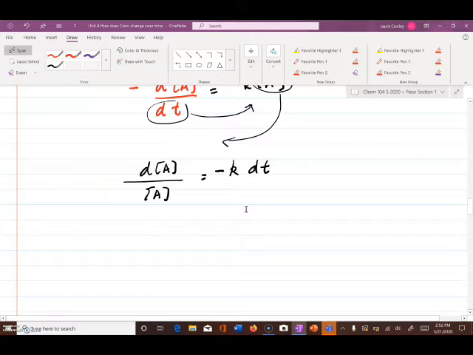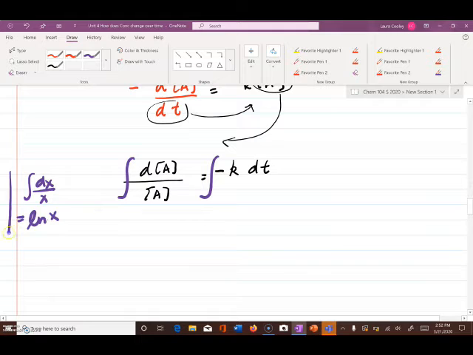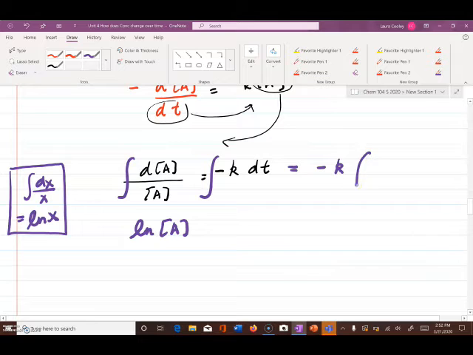So now what we're going to do, if you know calculus, is integrate both sides of this equation. And the integral of dx over x is equal to the natural log of x. That's something you learn in calculus. So this is going to be the natural log of the concentration of A. And the integral of minus k dt becomes minus k times the integral of dt.